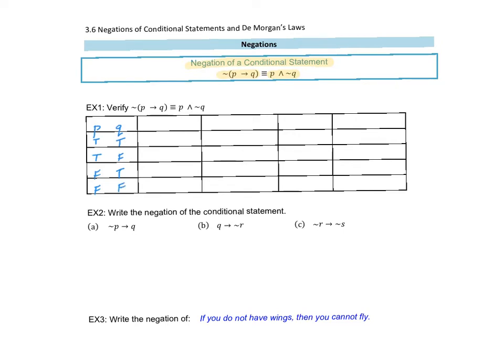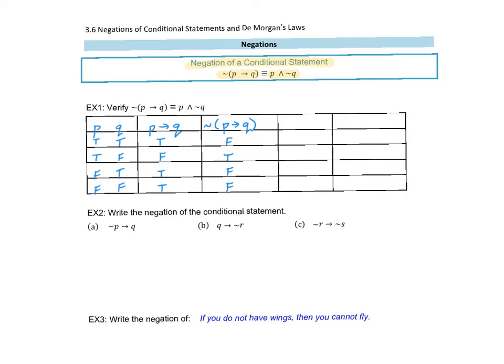I'm going to look at the negation of if P then Q. First, I need to build up, so I need to do if P then Q. And that would be true, false, true, true. And now I can negate the conditional statement if P then Q. So if P then Q is true, false, true, true, then its negation would be the opposite: false, true, false, false.